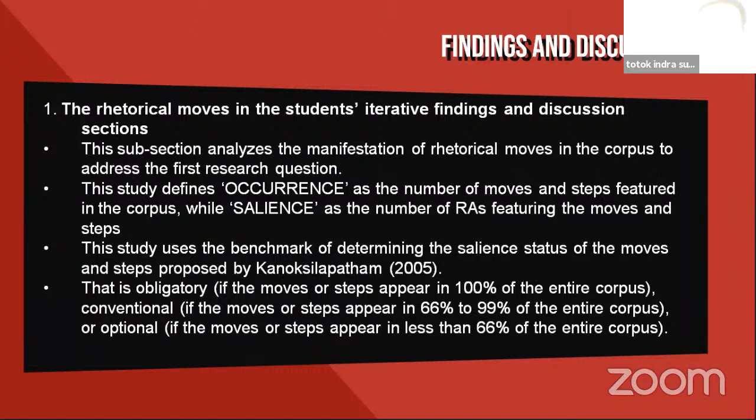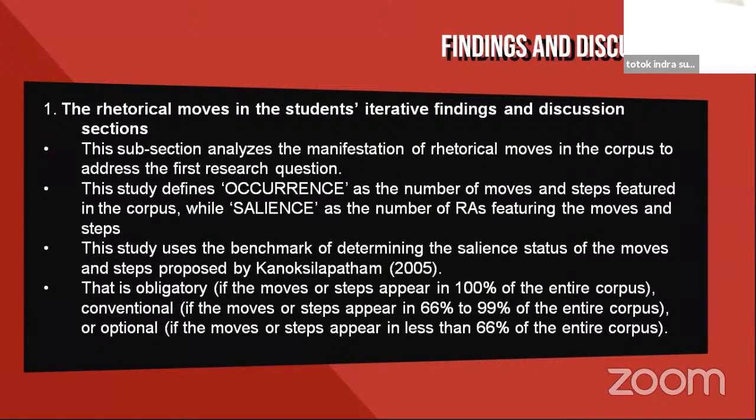Then the second is conventional, if the move and the step appear in 60% to 99% of the entire corpus. So if the students only use 60 to 99% of the moves and steps in writing the findings and discussion section, we call this conventional.